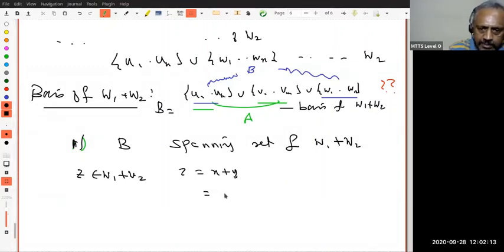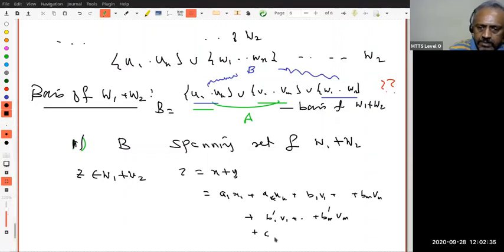X is a1 u1 plus ... plus ak uk plus b1 v1 plus ... plus bm vm, and Y will be of the form b1' v1 plus ... plus bm' vm plus c1 w1 plus ... plus cn wn. You understand this? Yeah, this is X and this is Y.